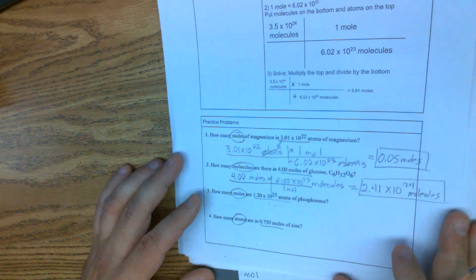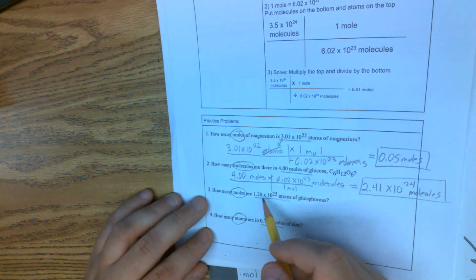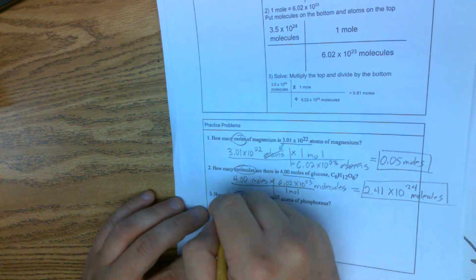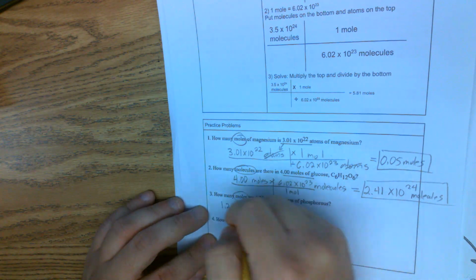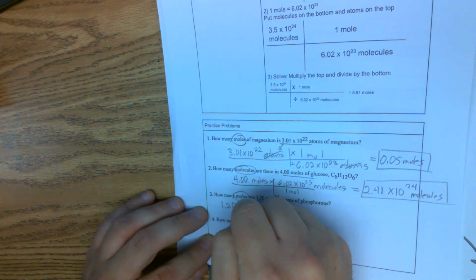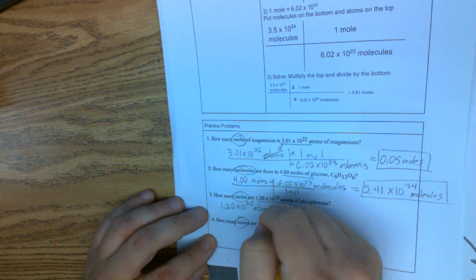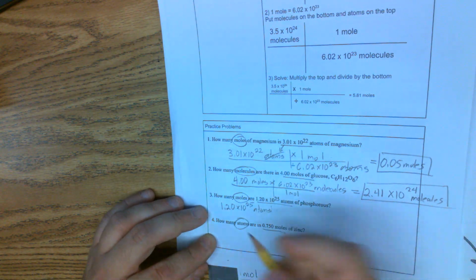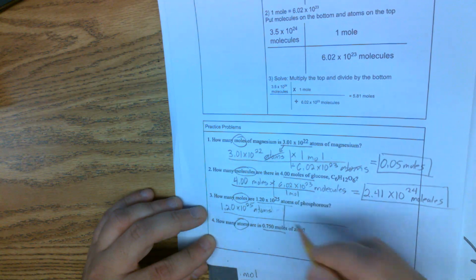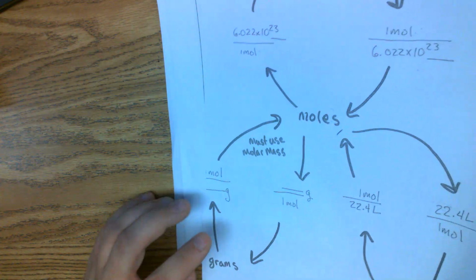All right, let's go ahead and look at our last one, number 3. So number 3, we have 1.20 times 10 to the 25th atoms. So it's going to look really similar to the first one here. So let's look at what we have.